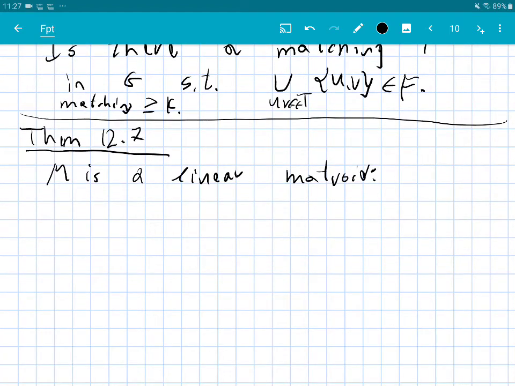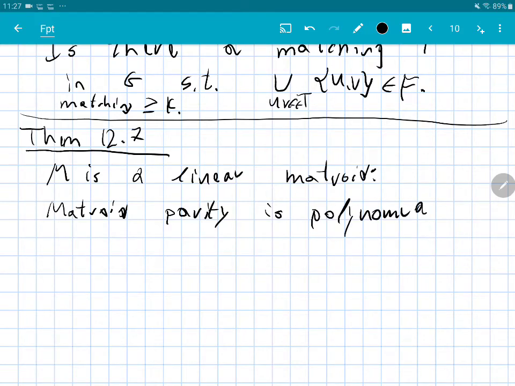So for Matroid parity, as I said, after a clever algebraic reduction, this boils down to evaluating the determinant, and if you want the set itself, you just need to use some kind of greedy algorithm.